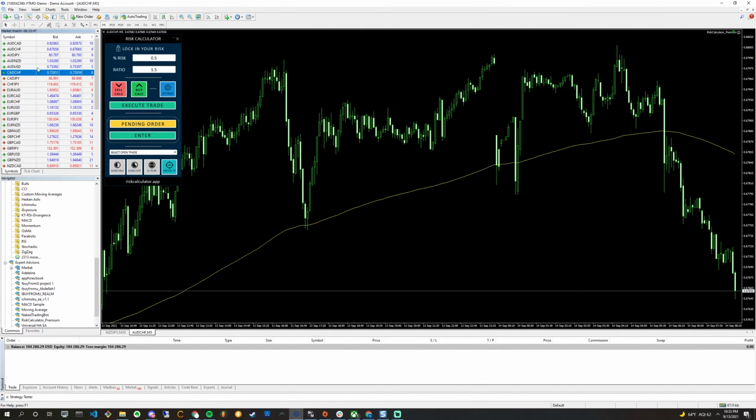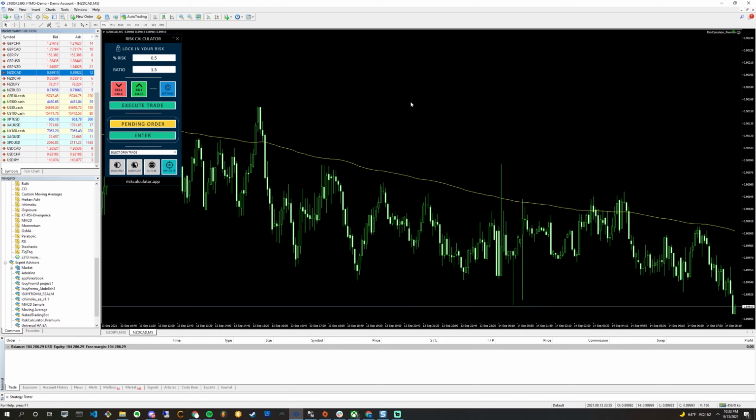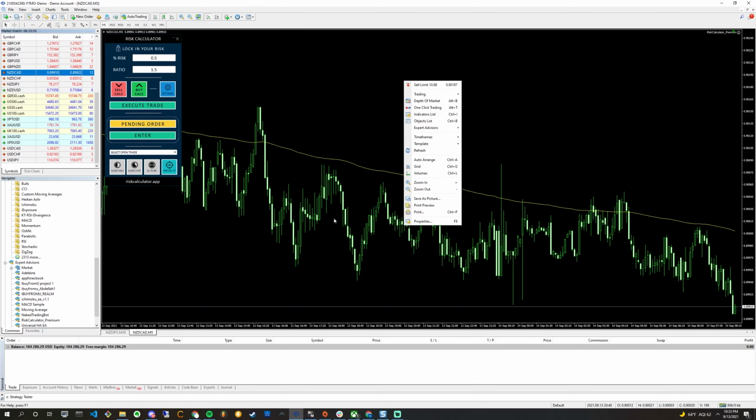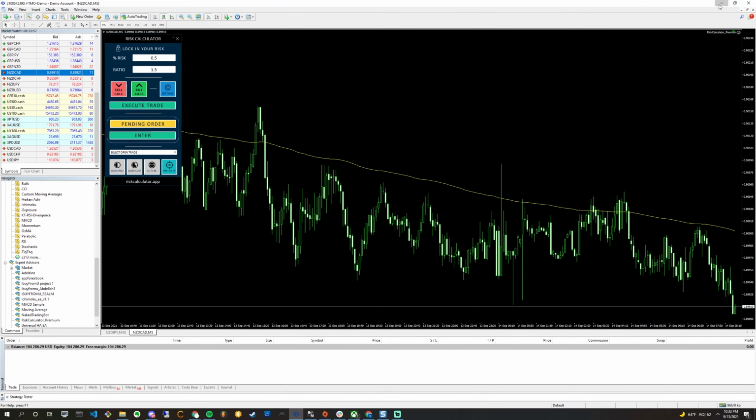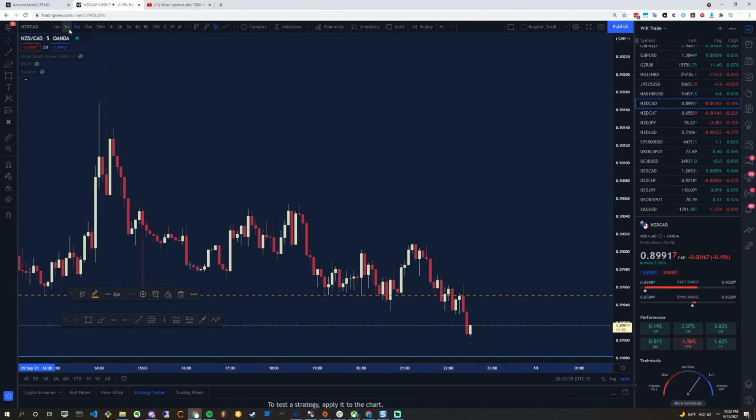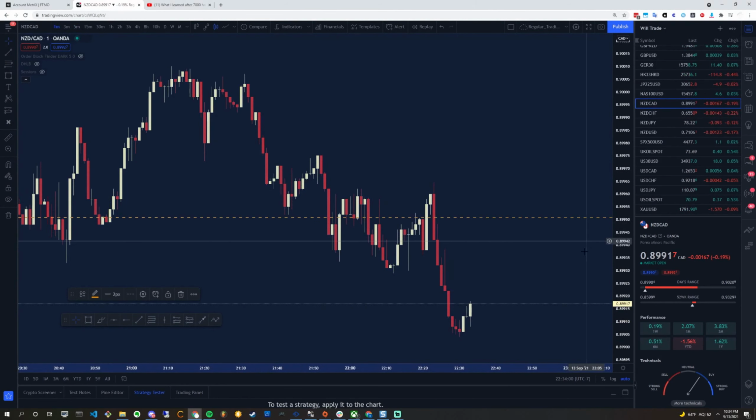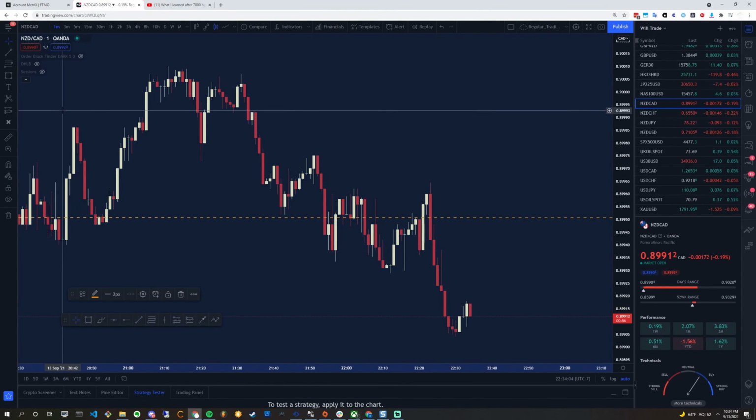So on New Zealand CAD, we're just waiting to see what happens with this 5-minute candle here. We could drop down to the 1 too. So on the 1, I see a little mini pullback here.